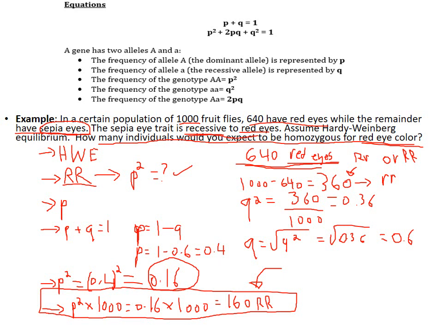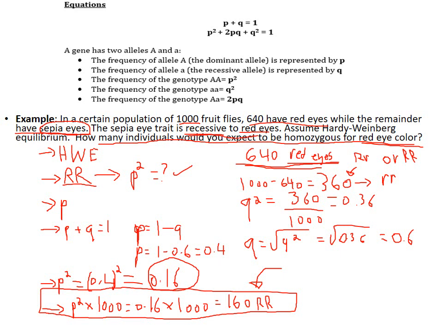If you add your 360 and your 160 together, that's 520. So that means the remainder must be the heterozygous individuals, which would be 480. Try to work through that to see if you can get to 480. Even though the question's not asking for it, it's always good to try to work that out.